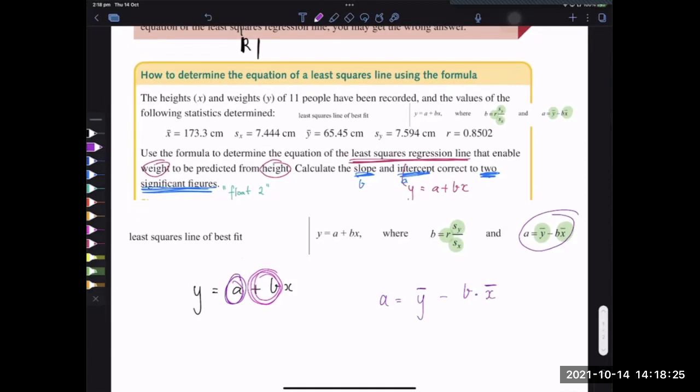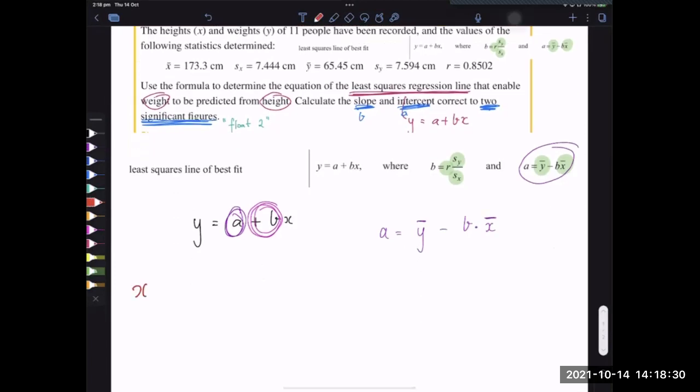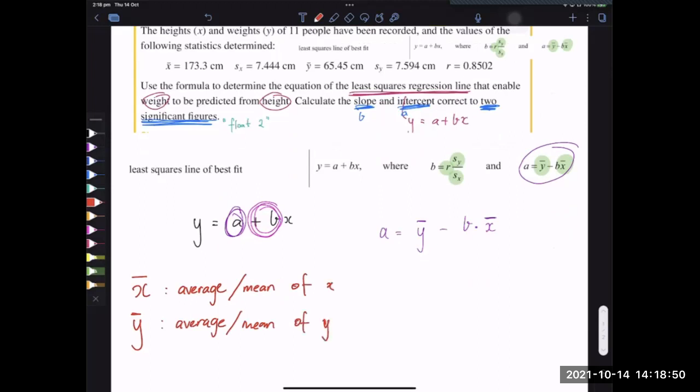What do these bars mean? Average. Yes, the average or the mean. So this is the average or the mean value of x, and this is the average or the mean value of all your y's.